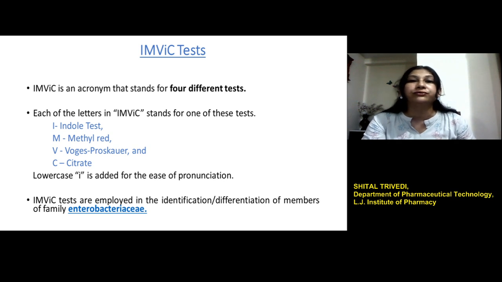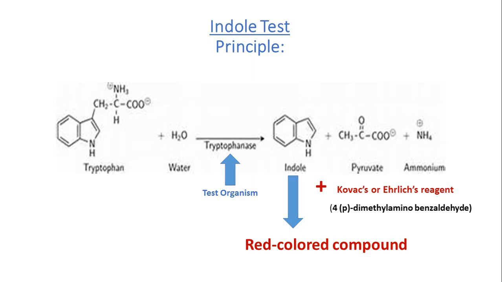Each letter of this acronym represents one particular test. I represents the indole test, M represents the methyl red test, V represents the Voges-Proskauer test, and C represents the citrate utilization test. Let's see the first test, that is the indole test.